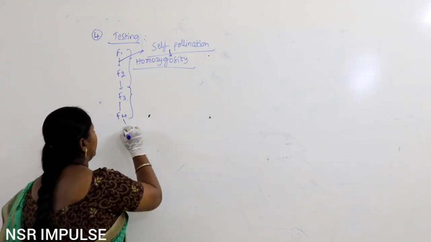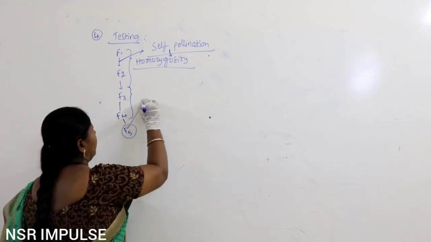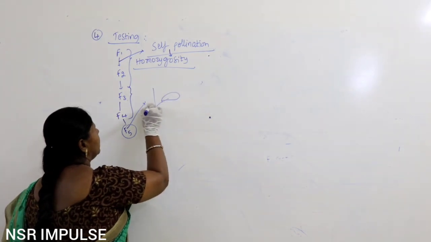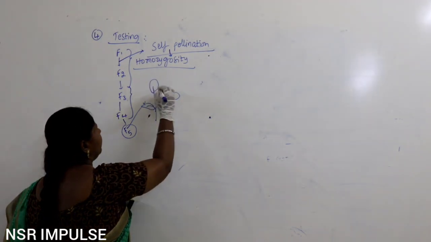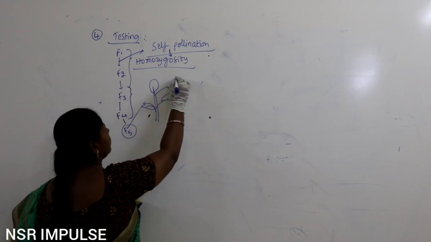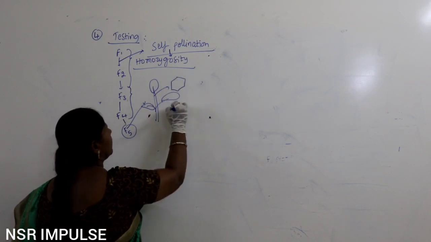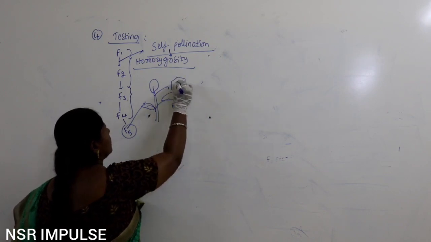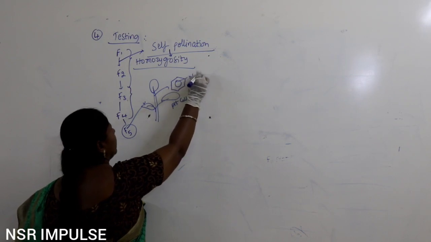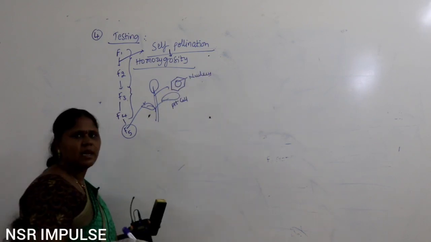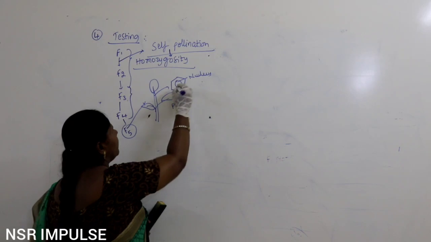Now you took some F5 plant, an F5 plant with a desirable combination, from which a plant cell is collected. Same story. The plant cell has a nucleus. Within that we find DNA.